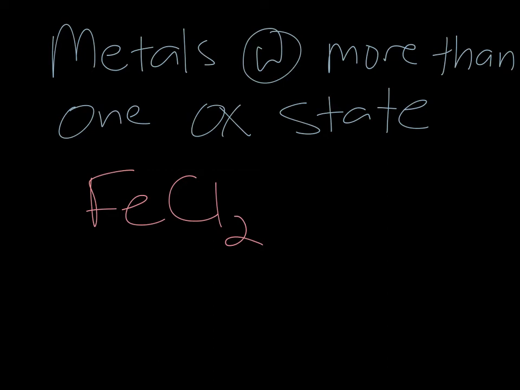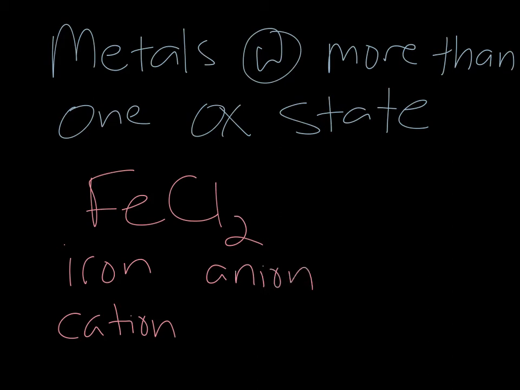Now iron, Fe here, is going to be the cation. It's the metal, so it tends to lose electrons. And the chloride is going to be the anion. I said "ide" because it's the anion. Now I know that a chloride has a -1 charge, and there are 2 of them. So from the chlorides, I have a total -2 charge, which means that to be balanced and neutral, that iron must be in the +2 oxidation state.